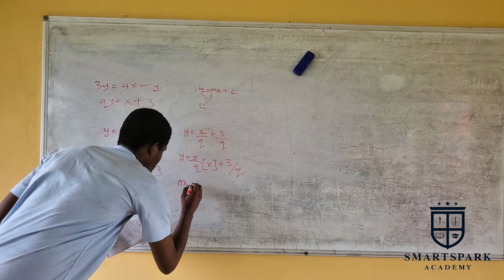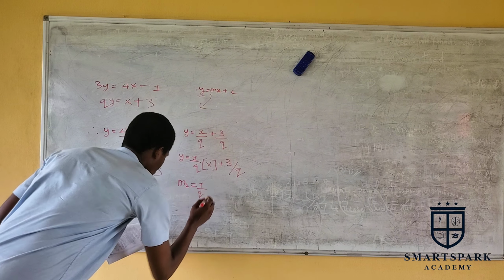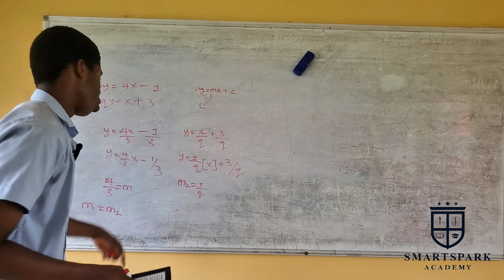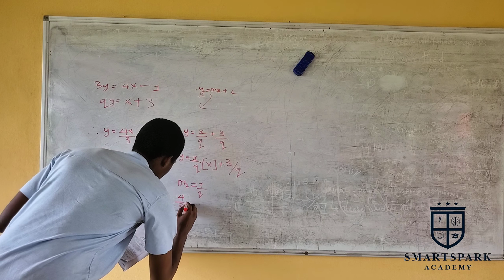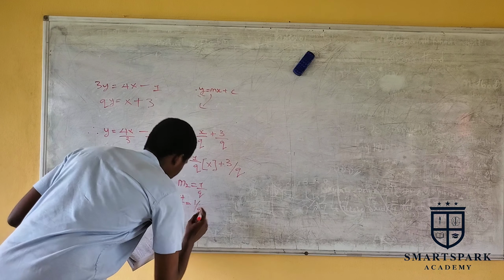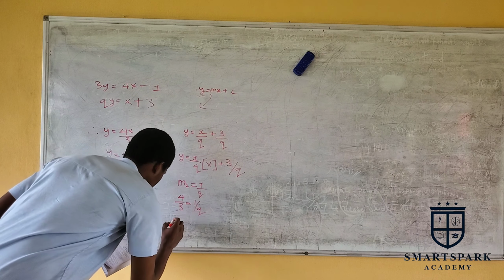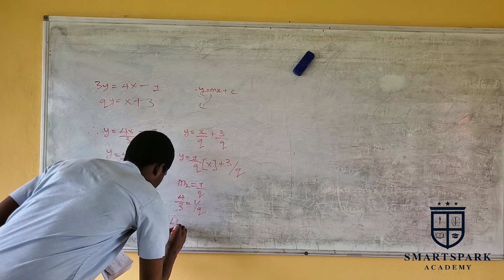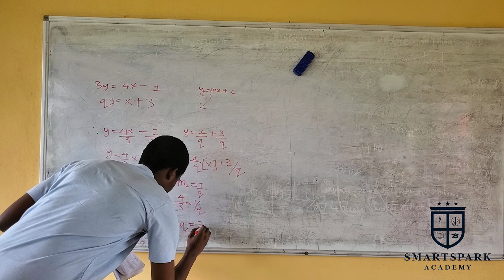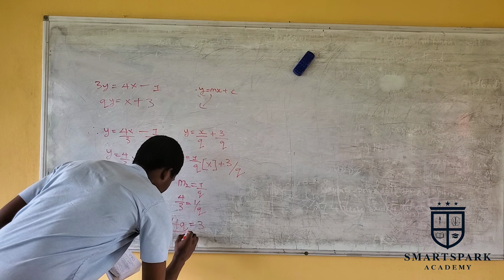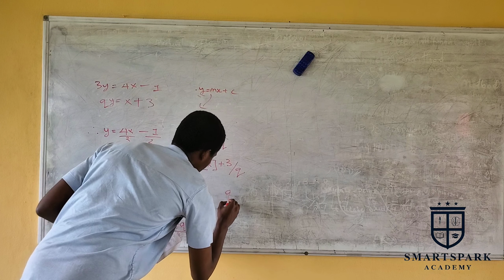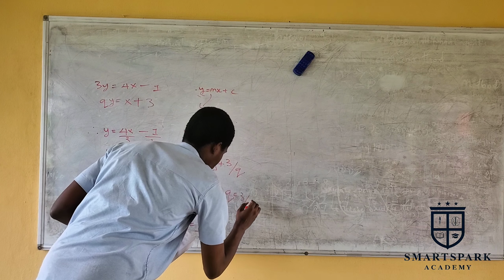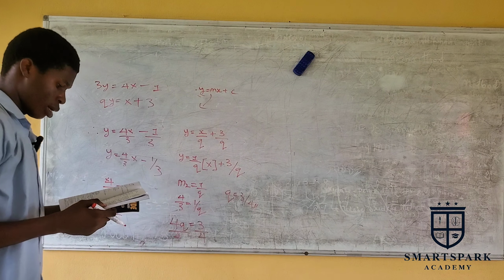M2 is equal to 1 over q, and we know that m1 is equal to m2. So 4 over 3 is equal to 1 over q. From the question, we should find q. Making q the subject of the formula, this is 4q is equal to 3. Dividing by 4, q is equal to 3 over 4. So that is the answer.